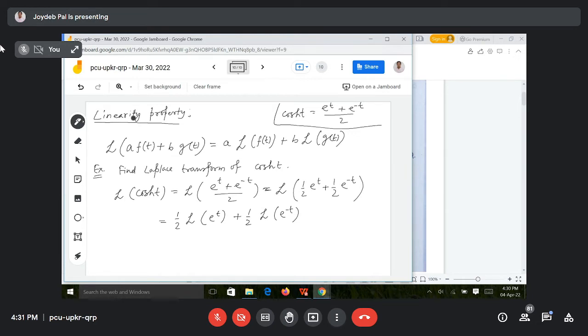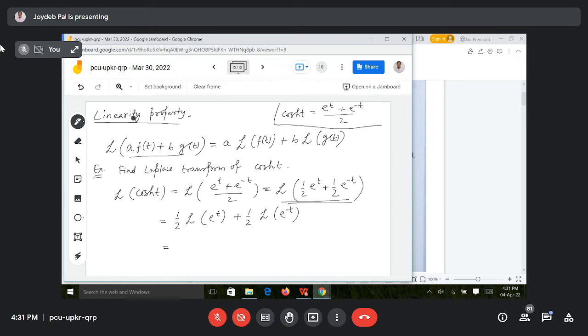So have you got the application of this linearity property? Look, can you tell it again? See here, L of 1 by 2 e to the power t plus 1 by 2 e to the power minus t, right?